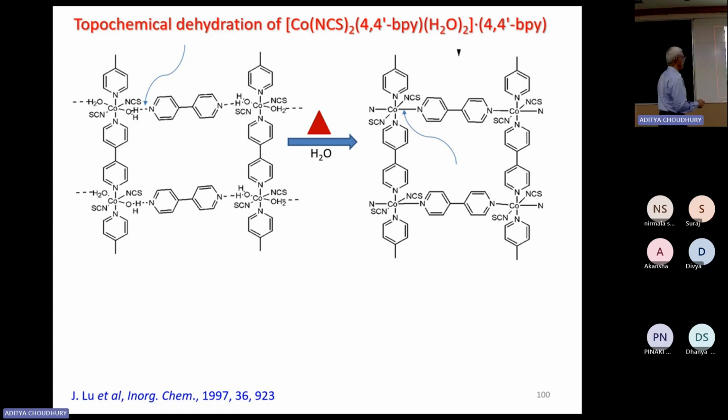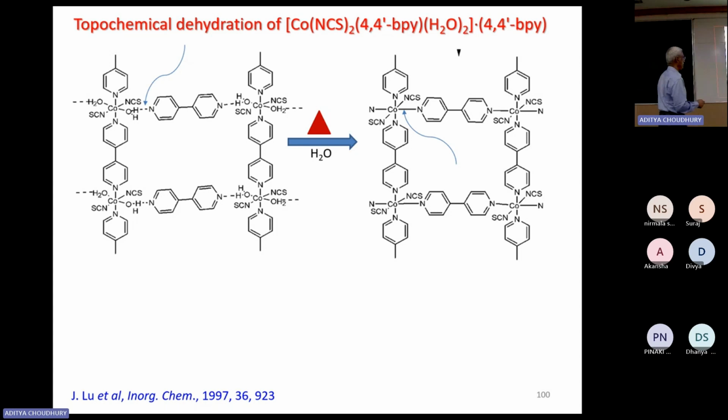It's cobalt. Cobalt has a bipyridyl group. It forms a 1D strand here, and it has two water molecules and two thiocyanate. In addition to it, you have a lattice bipyridyl group in the crystal, which is non-coordinating.